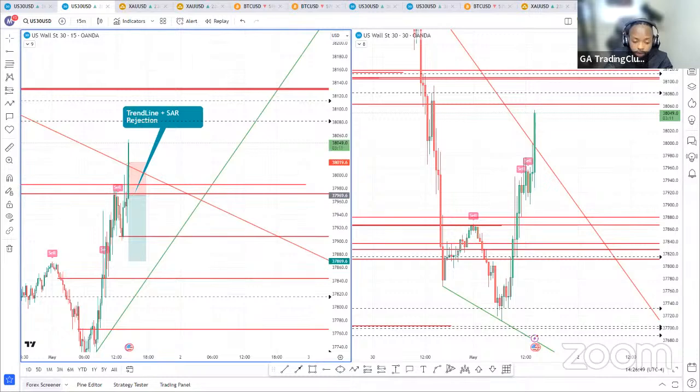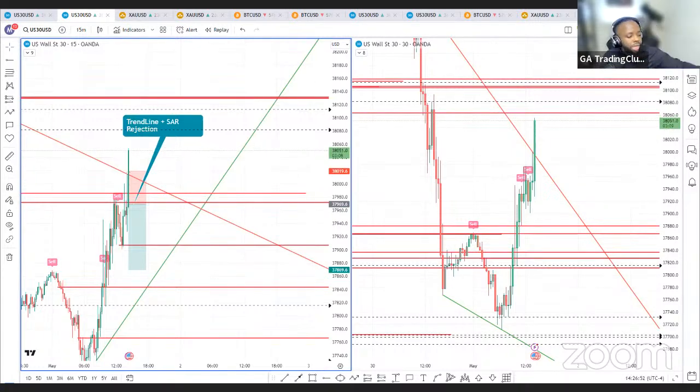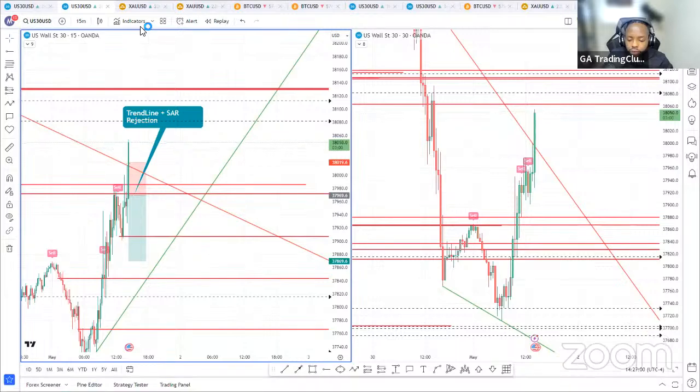And then after 2:30, personally, if I see a nice setup, I will be going pretty heavy on that trade, but it has to have multiple confluences. So I'll just take a screenshot of this for my journal.